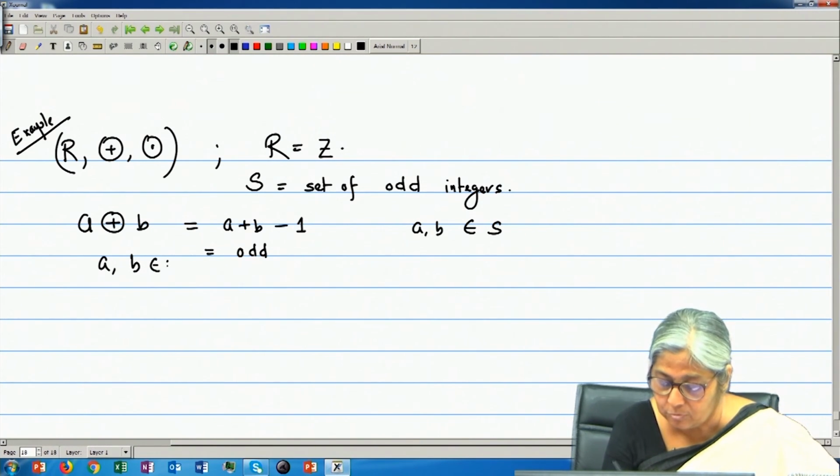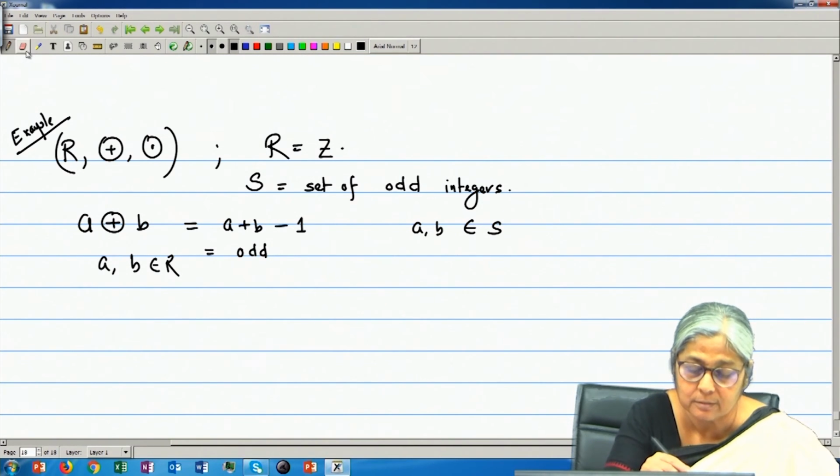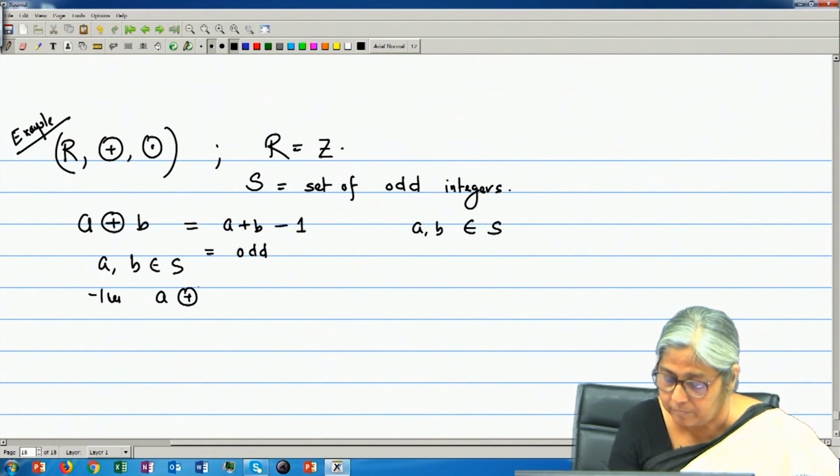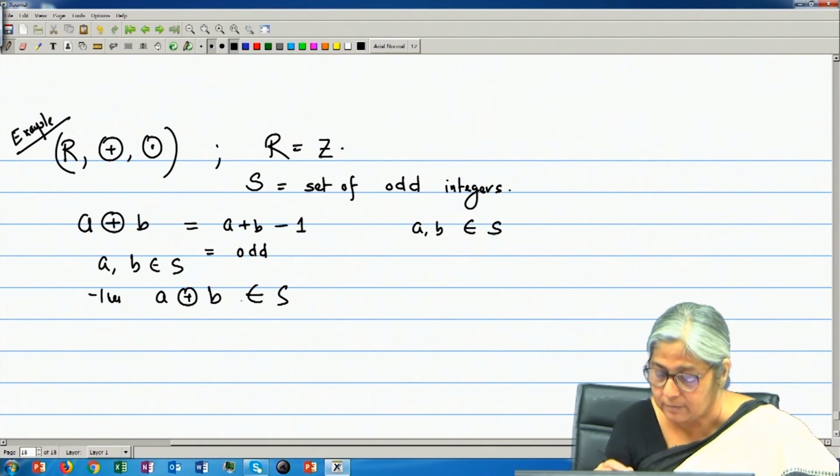So, A and B belong to S, then A addition B belongs to S.